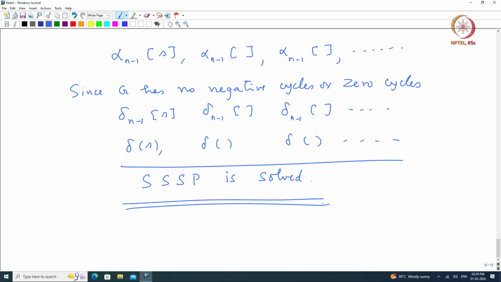You can see that when we were trying to find the delta values directly using the Bellman equation, we were caught in a mess. There was cyclic dependency and we were not able to get it. But now we are getting the delta values in a different way.